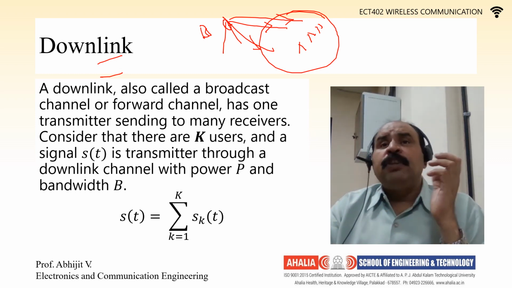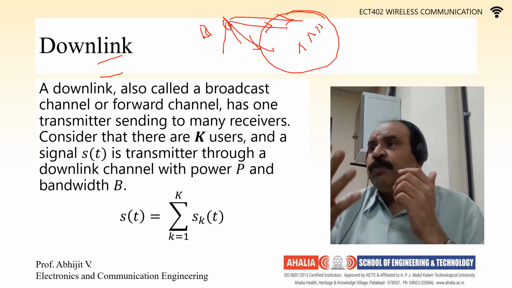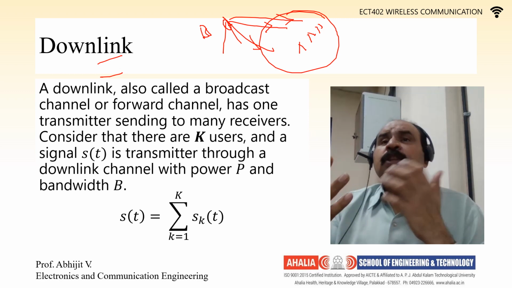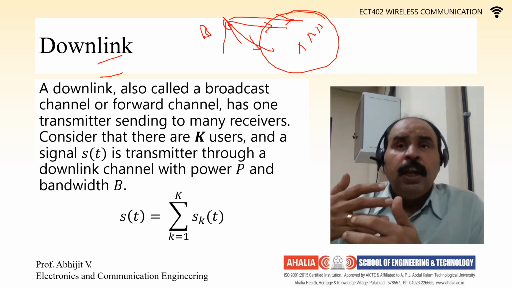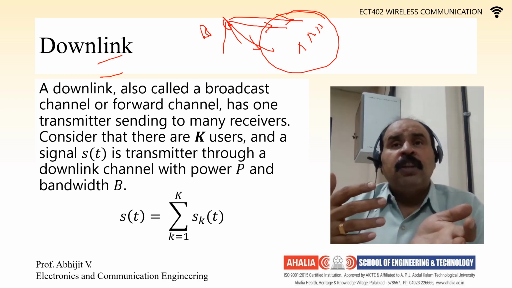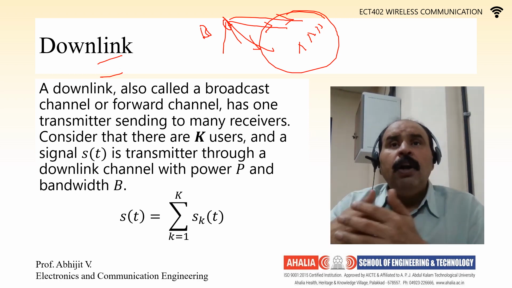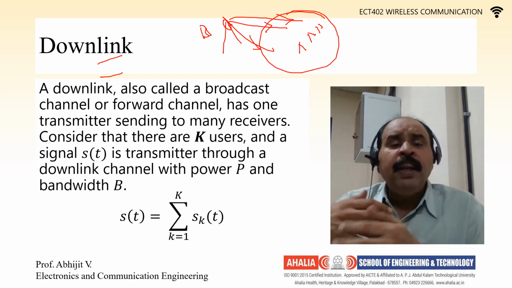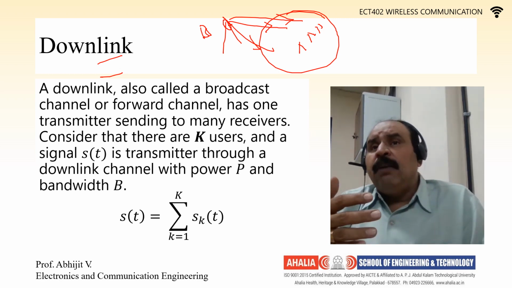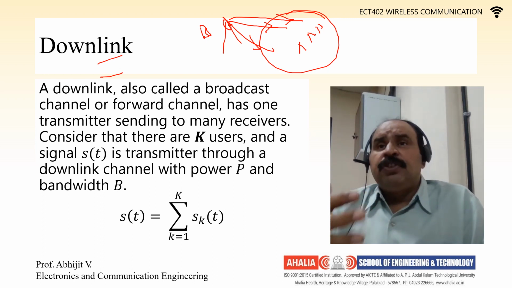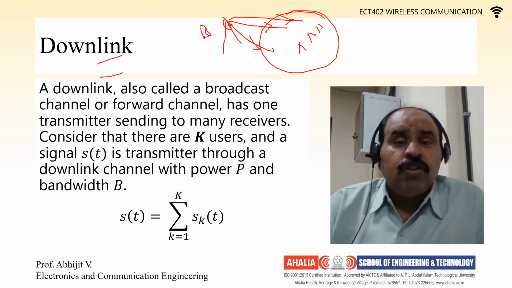When one person says over and stops, only then the next person starts speaking. This is a half duplex system because at one particular point of time, it is only possible to either transmit or receive. That is duplexing. It becomes relevant when we try to understand the coming multiple access topics.